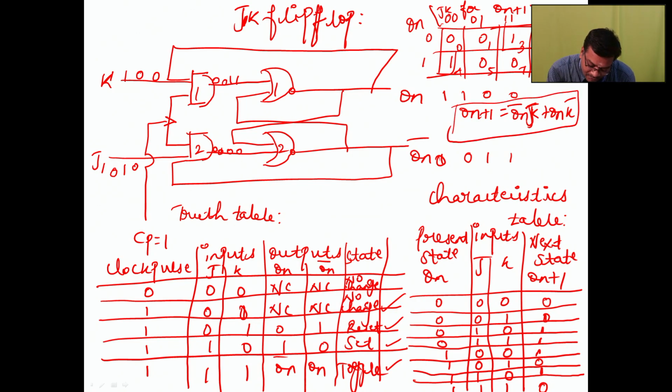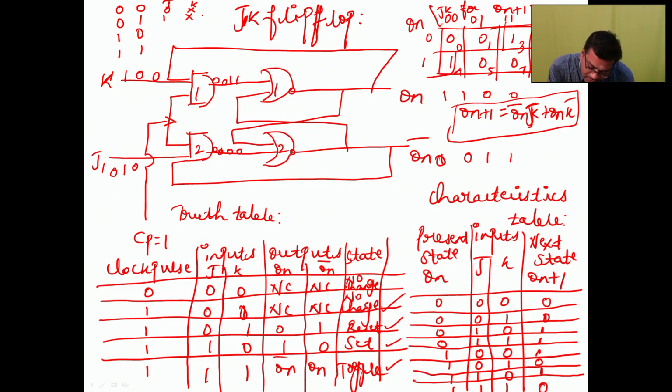In the excitation table, now we are going to consider 0 0, 0 1, 1 0, 1 1. When the present state is 0 and next state is 0, what is JK? Present state 0, next state 0, so 0 don't care. 0 1: present state 0, next state 1, so 1 don't care.